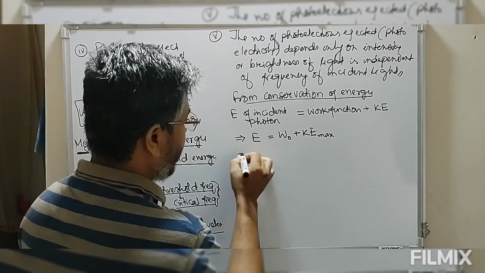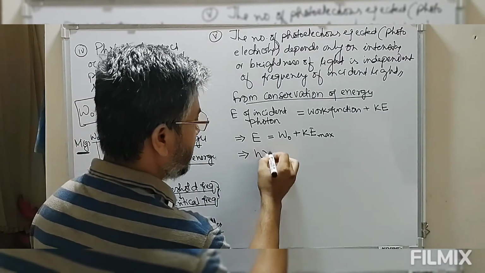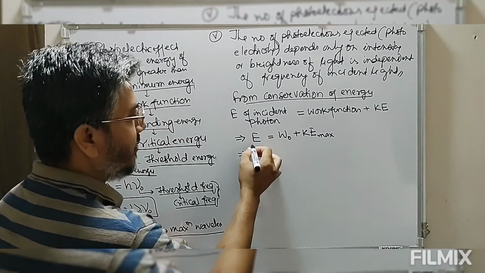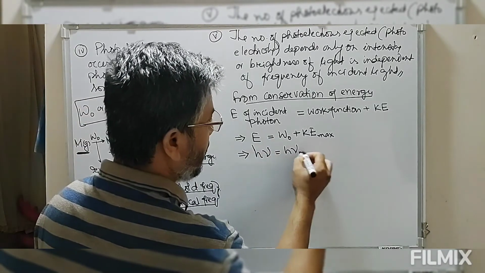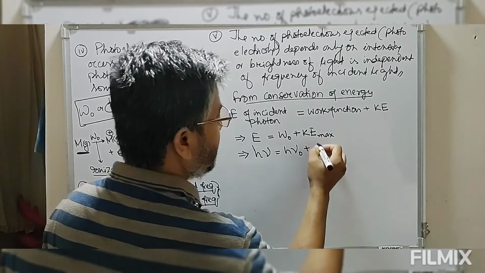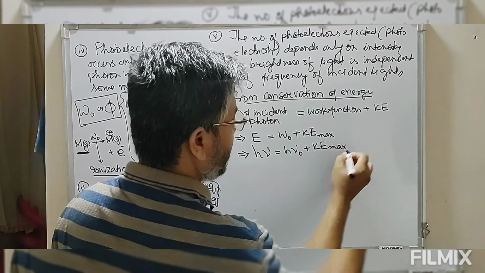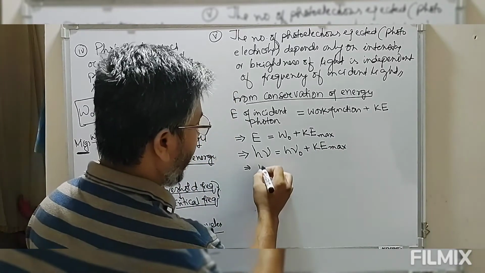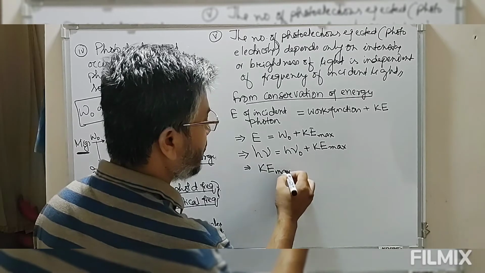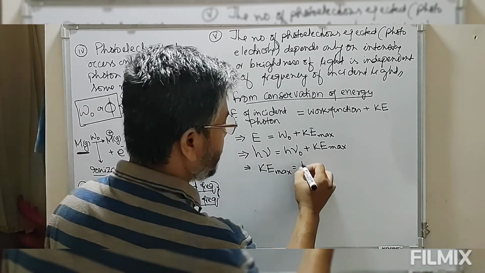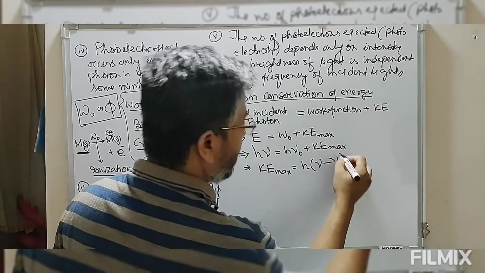Now the energy E is equal to h nu according to Planck's equation, so we have h nu equals h nu naught plus the maximum kinetic energy. Therefore the maximum kinetic energy that could be obtained is equal to h times nu minus nu naught.